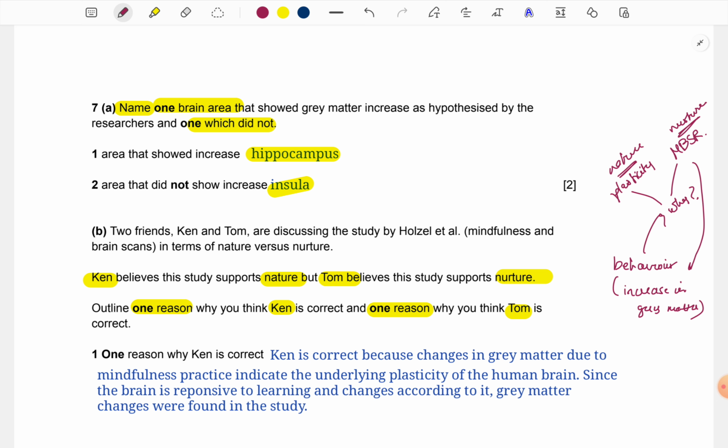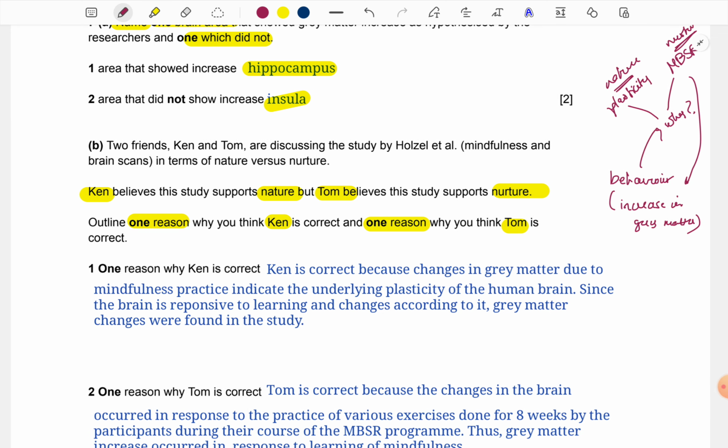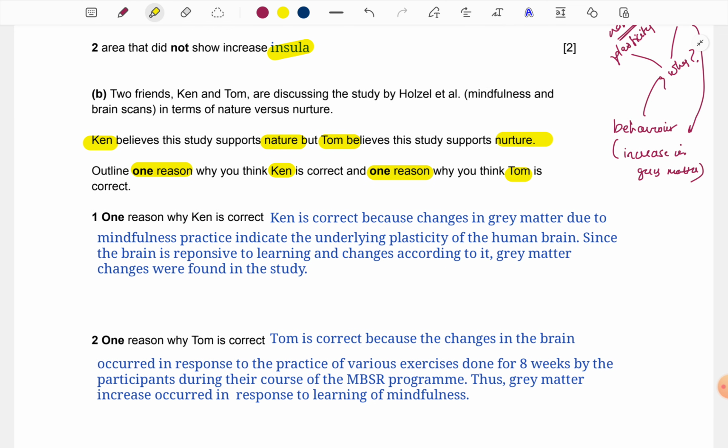So if you just trace back behavior to explanation and then you see where the explanation is coming from, you can understand whether nature is being supported or nurture. Now when we answer these type of questions, here they have given a stem and we just have to complete it, but even if they had not, I insist that students name whom they are referring to in every point.